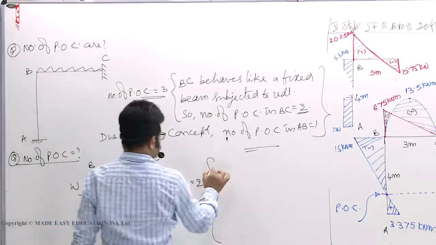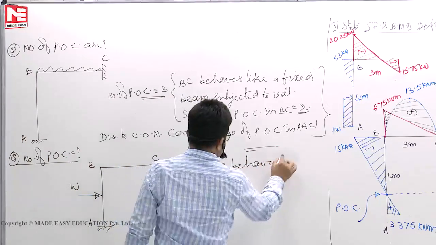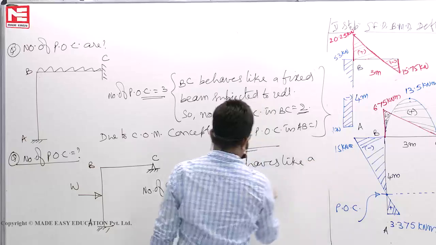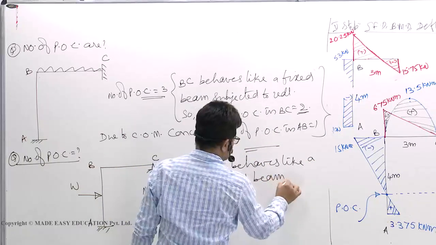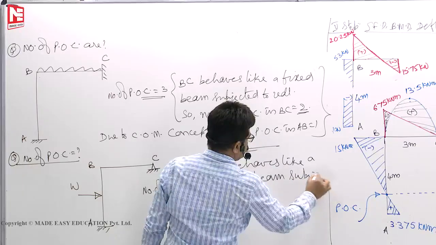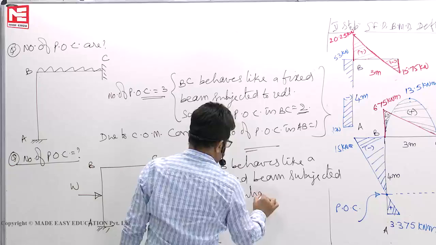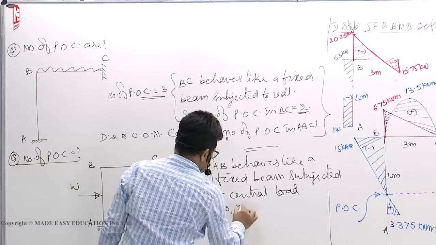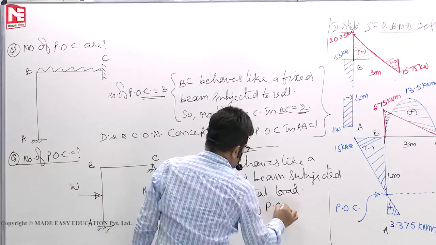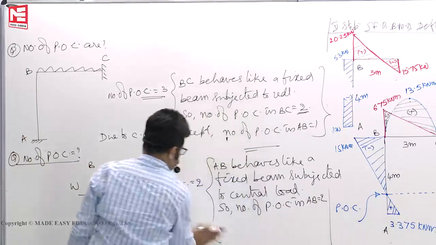Reason is this one. AB behaves like a fixed beam subjected to central load. So, number of POC in AB is equal to 2.